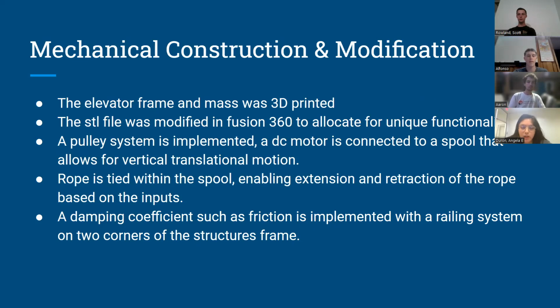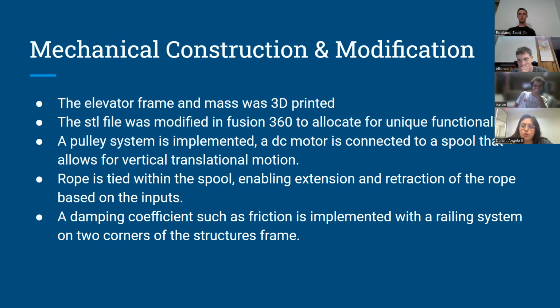So for the mechanical construction and modification, the elevator shaft itself, the frame and the mass was 3D printed, utilizing an STL that was then modified in Fusion 360 to allocate for the unique functionality of our project. The mechanical system itself involves a pulley system that connects a spool and an axial shaft, which will then do translational motion to the mass vertically.